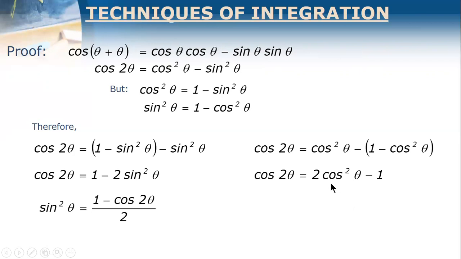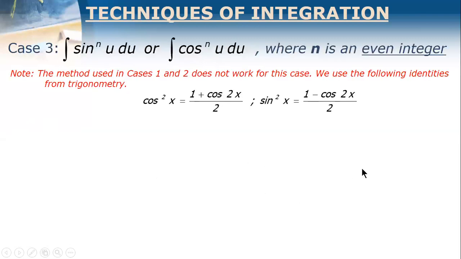To solve for cosine squared theta, transpose 1 to the left and then divide by 2, and you have this: cosine squared theta is equal to 1 plus cosine 2 theta over 2. We will be using these identities for cases 3 and 4, wherein n is an even integer, because our objective here is to reduce the power of n.